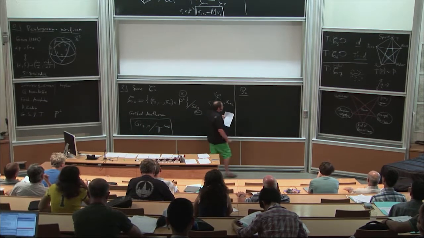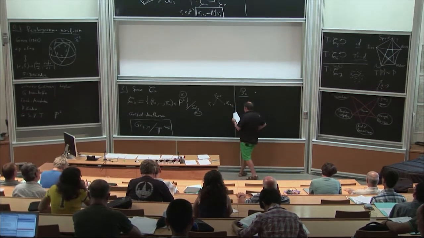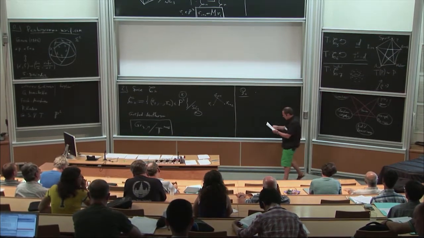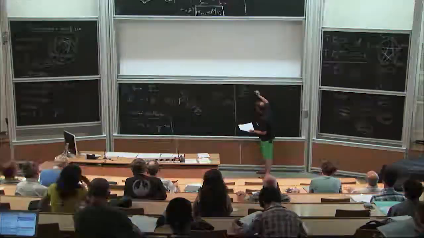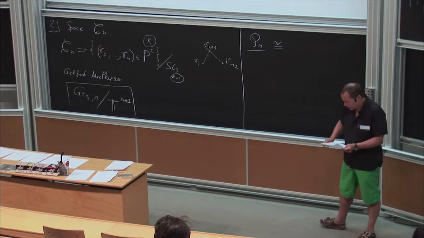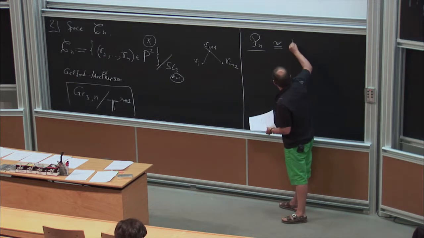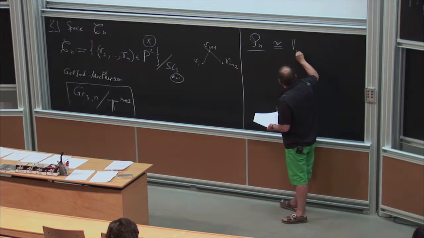The statement is that the space of twisted n-gons in the plane is nothing else but the space of linear difference equations of the following form. This is the first statement.